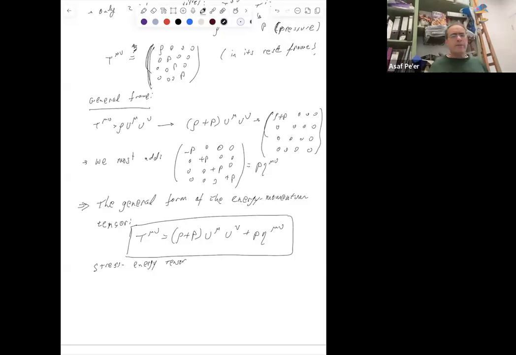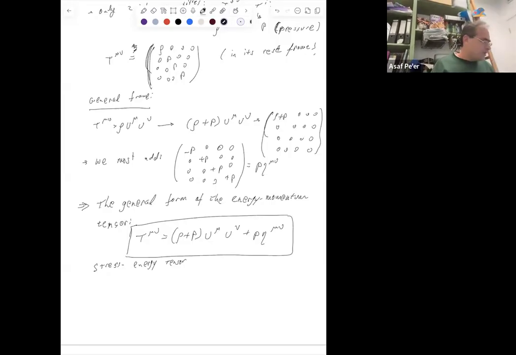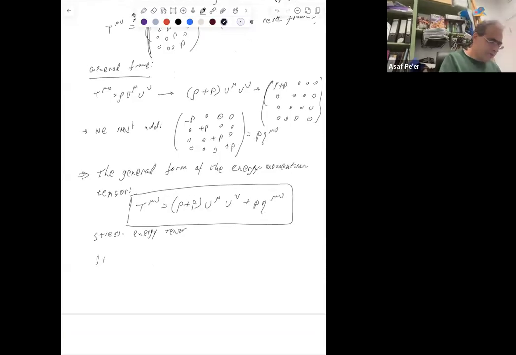The most important thing about it, also answering your question, is that it is conserved. Namely, the stress energy tensor is conserved, in the sense that d mu T mu nu is equal to 0. So the divergence is 0.